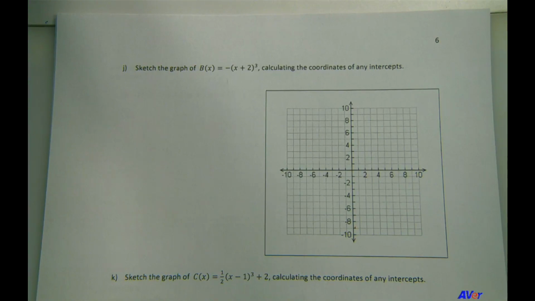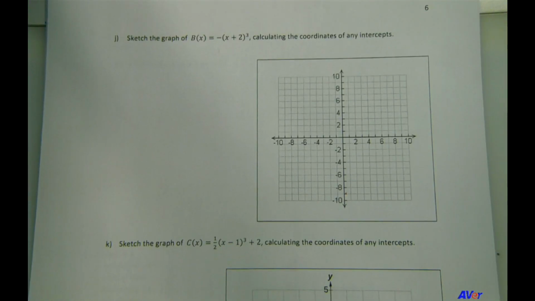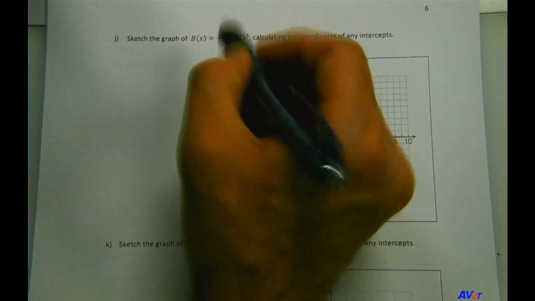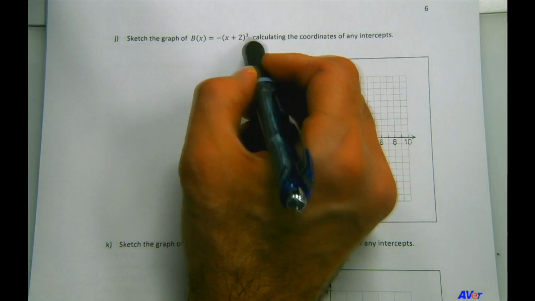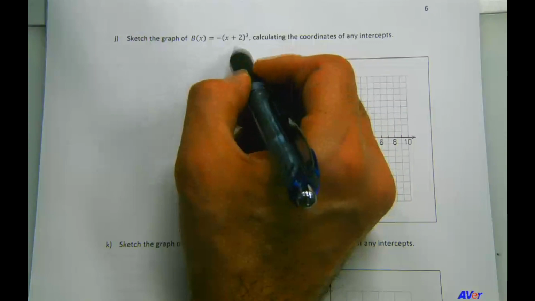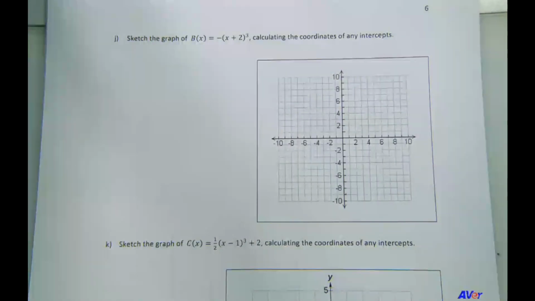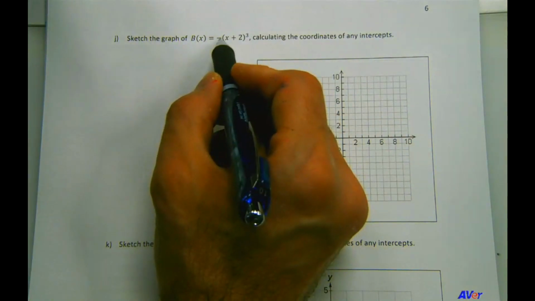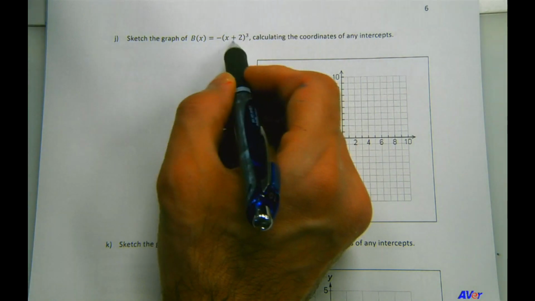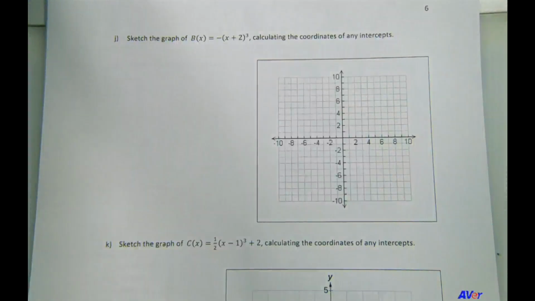Okay. So this one says sketch the graph of this function, minus x plus 2, all cubed. So it's going to look like the cubic function. It has a general form with the minus in front again, which indicates a flipping across the y-axis.